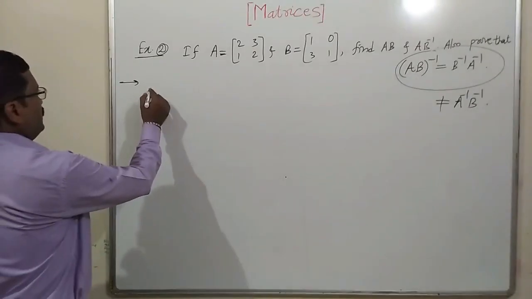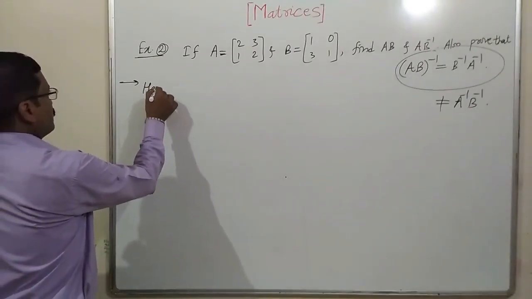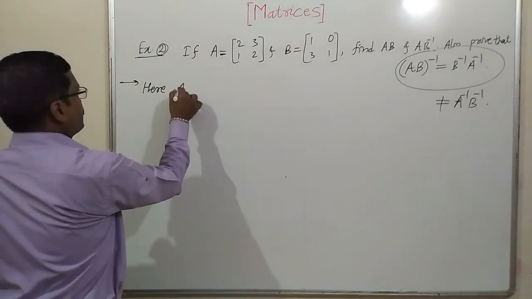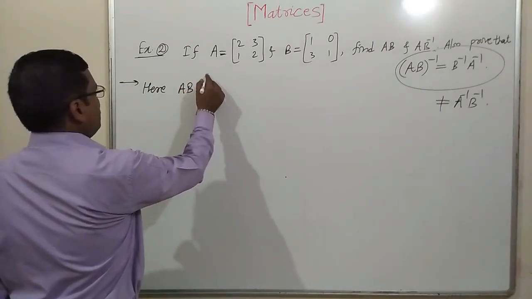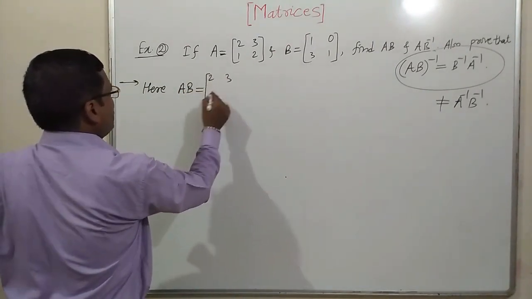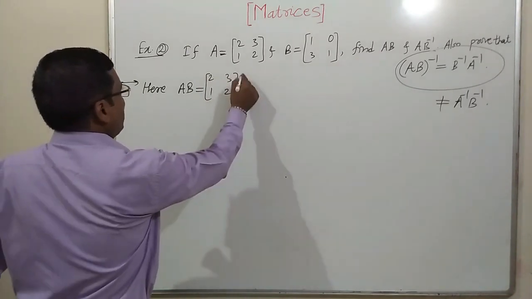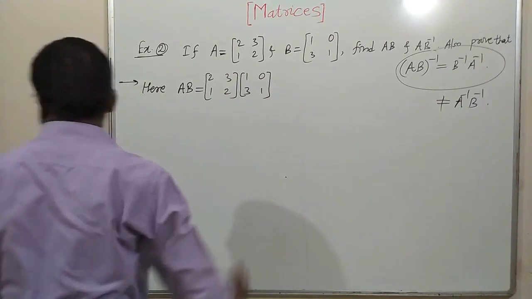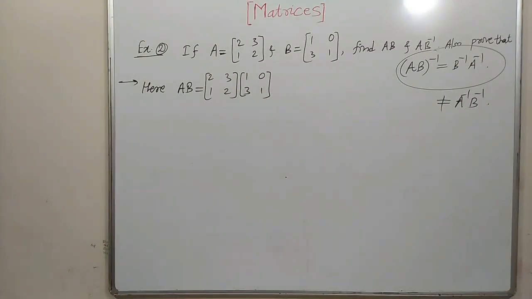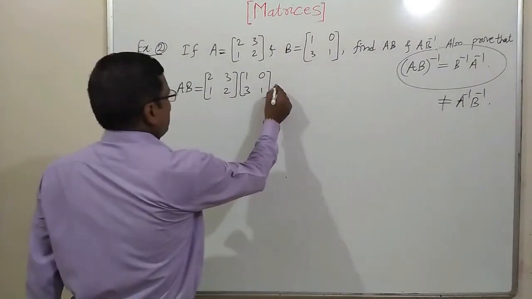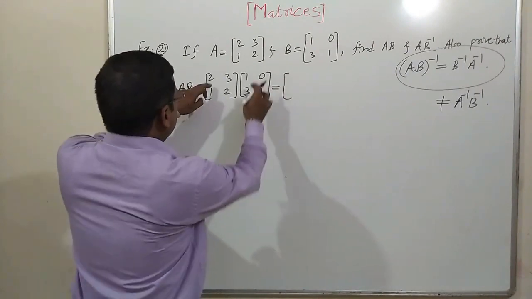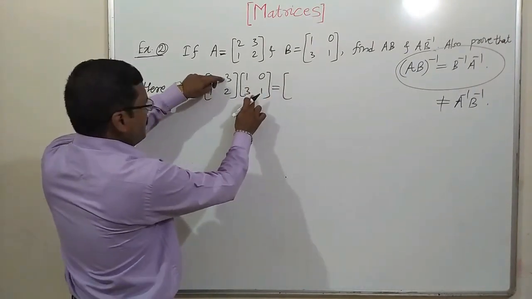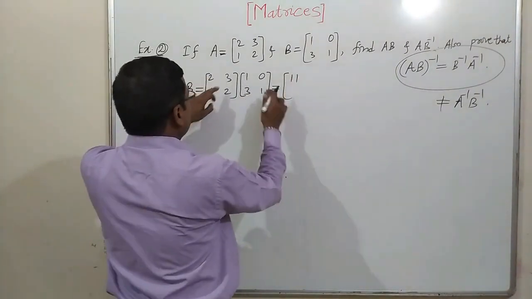So here AB is, we find the multiplication of 2 matrices, AB, that is equal to 2 3 1 2 and 1 0 3 1. These are 2 matrices. Their multiplication is 2 plus 9, that is 11.